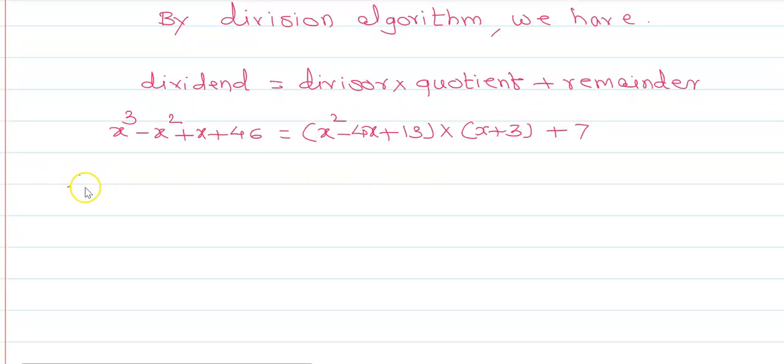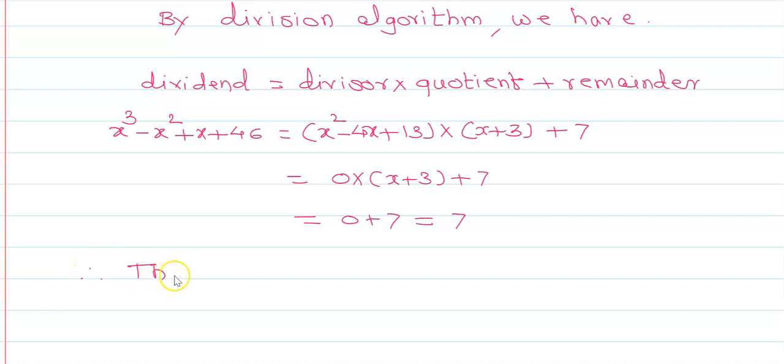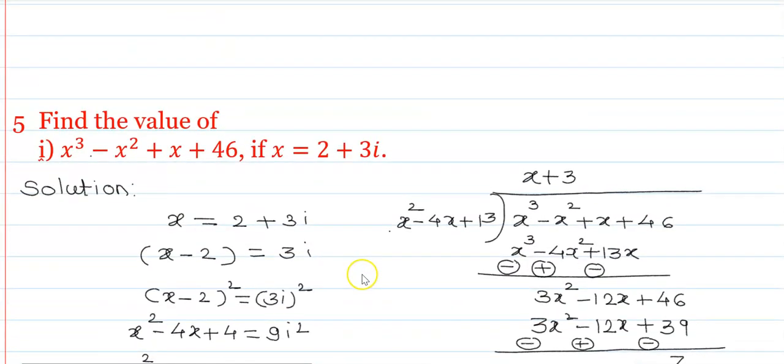Substitute the value, and hence the value of this is 0 into, in bracket, x plus 3 plus 7, and that is equals to 0 plus 7 is equals to 7, and hence the value is 7. Okay, you can see again.